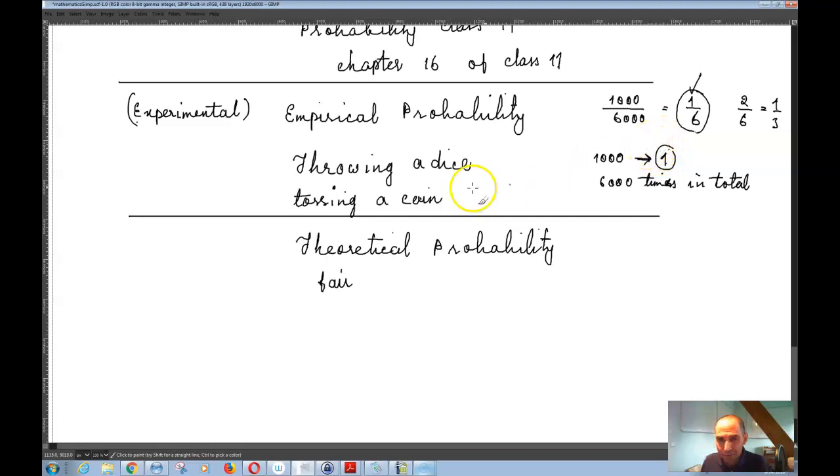Then we said that for the kind of experiments where we are ready to make some assumptions, we don't actually need to throw the dice that high number of times. We can simply calculate the theoretical probability, which doesn't involve doing any sort of experiment.